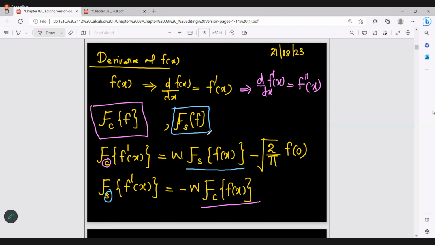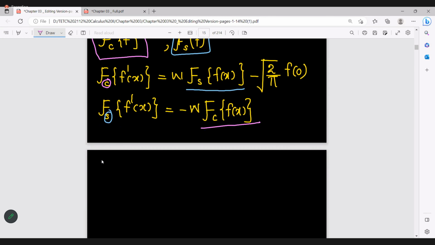If we are asked to find the Fourier sine and Fourier cosine transform of this second derivative, what can we do?